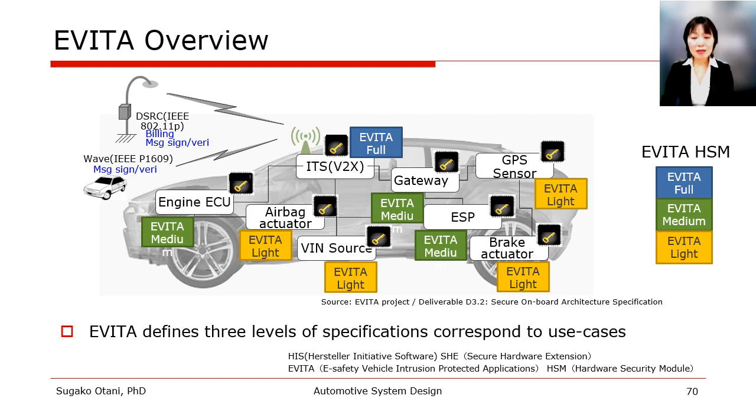In particular, EVITA specifies 3 levels of HSMs, EVITA full, EVITA medium, and EVITA light, depending on the security level required by each issue. Please note that full, medium, and light do not correspond to security levels, but correspond to use cases.